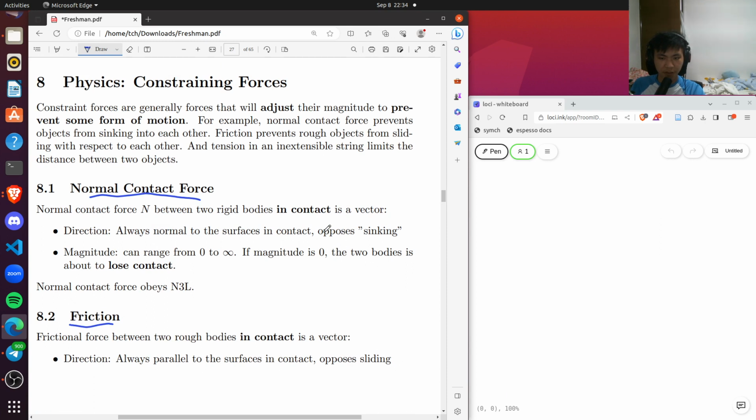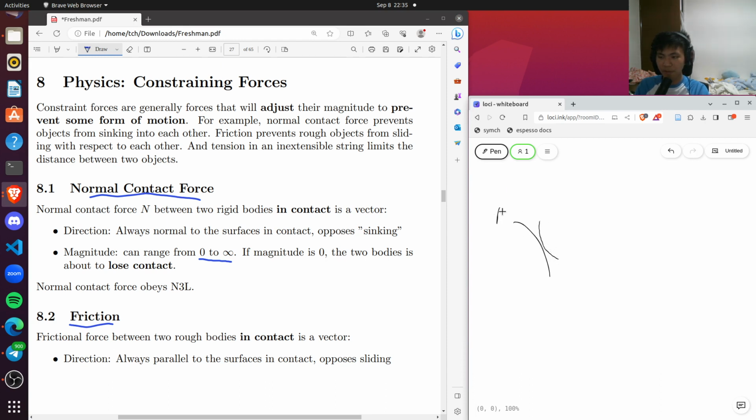So the normal contact force, there's one thing that I want to emphasize over here, which is that the normal contact force's magnitude can only range from 0 to infinity. If we have two objects in contact, let's say they are in contact like this, right?